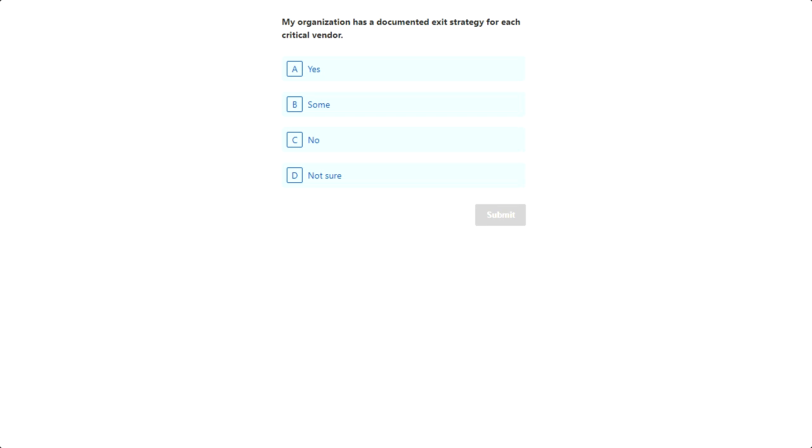In most cases, that is going to be your high risk and critical. But you might have some moderate impact vendors that do need to have a plan associated with either transferring that business or bringing it in-house. So you do absolutely need them for your high risk and critical, but keep in mind you may need them for others as well. It's really up to your organization. I hope that helps.